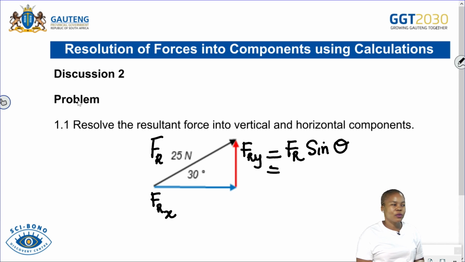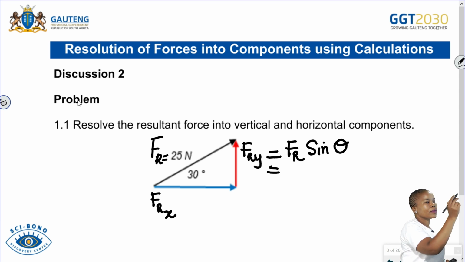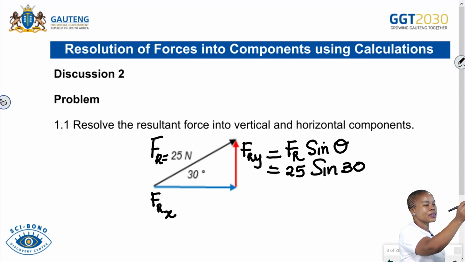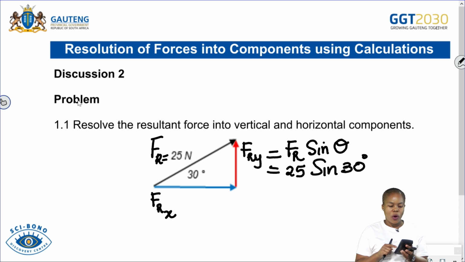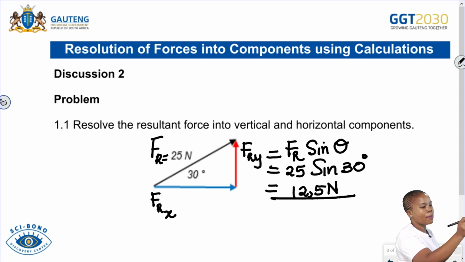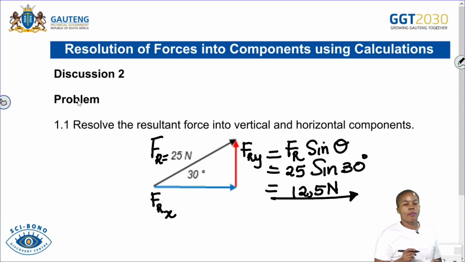It is 25 newtons. Therefore it's going to be 25 sine of 30 degrees. You punch that into your calculator, and it is 12,5 newtons. Remember, units are very important.